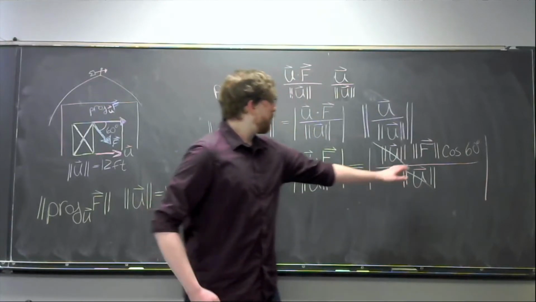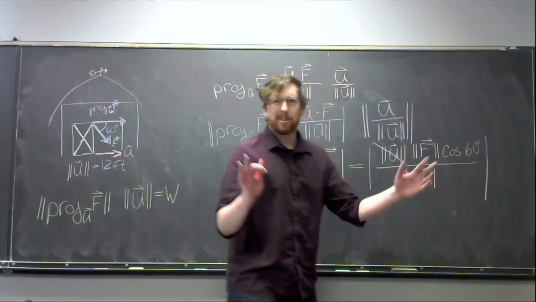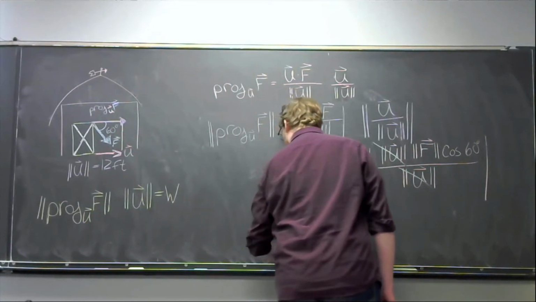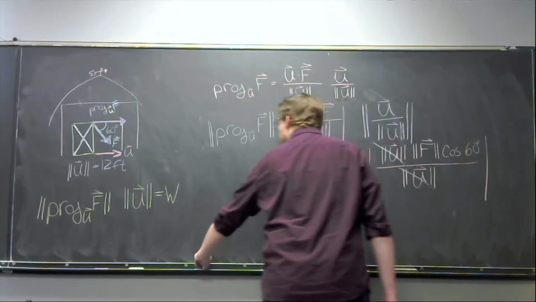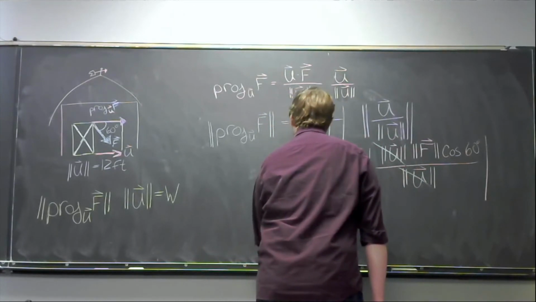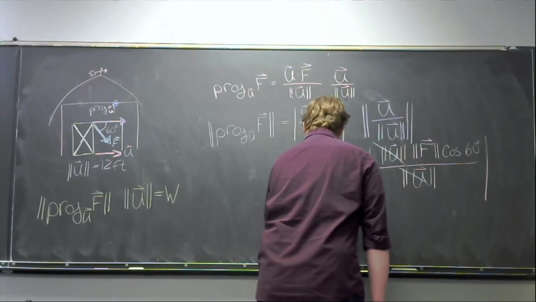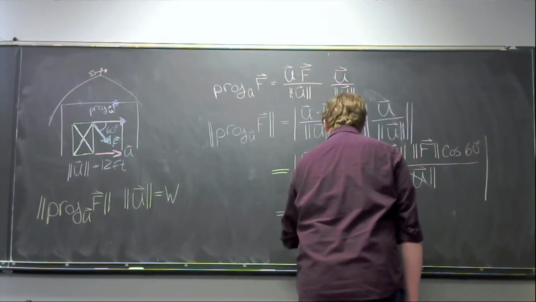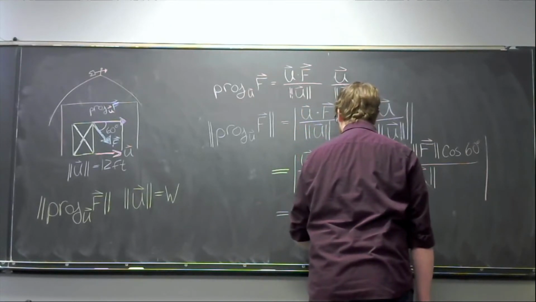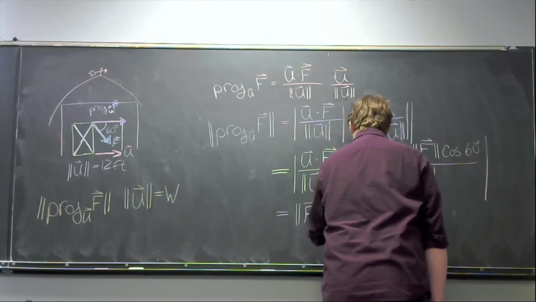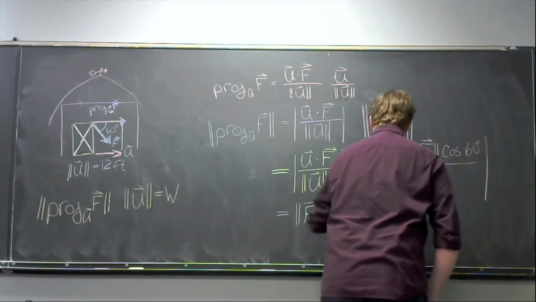But that's positive and that's positive, so I can just drop absolute values. And what we get is that all of this is going to be equal to the absolute value of our force, the magnitude of our force times cosine of 60 degrees.